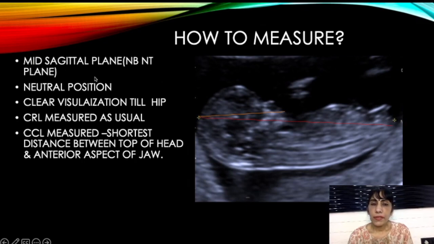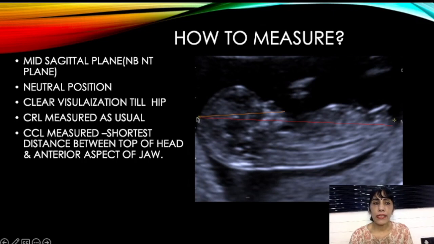The same things have to be kept in mind: the position of the fetus should be neutral. And since we are concerned with the whole CRL, we should be careful that the end of the hip is seen, so the whole fetus is on our screen. Crown rump length we all know how to measure, so I don't need to tell you. It is done as the usual measurement.